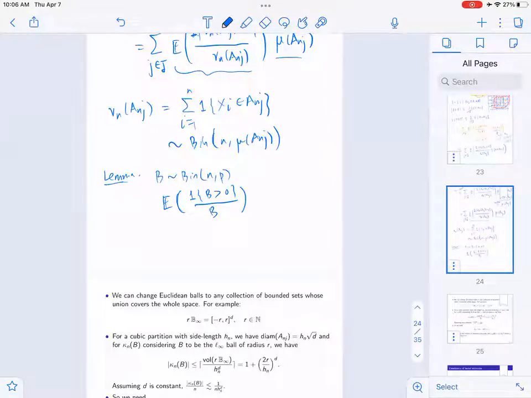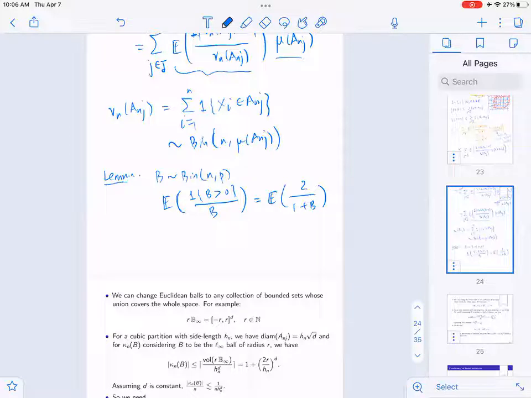If b is 0, I'm going to define it as 0. Okay, the first thing that you can do is, it's not hard to see that this function you can bound by 2 over 1 plus b. If b is 0, this side would be 0, this would be 2. If b is 1, this is 1, this is 1. And from then onwards, this is always a bound.